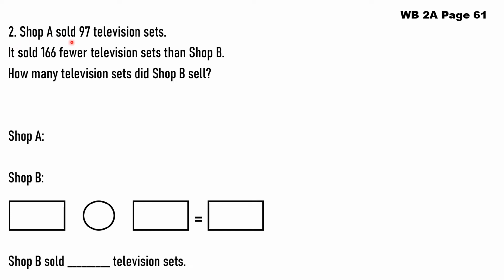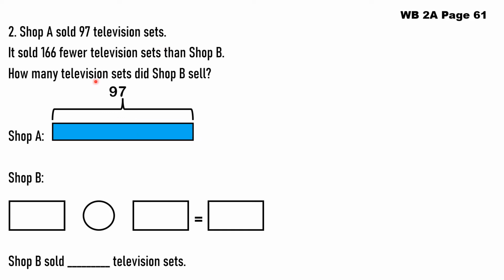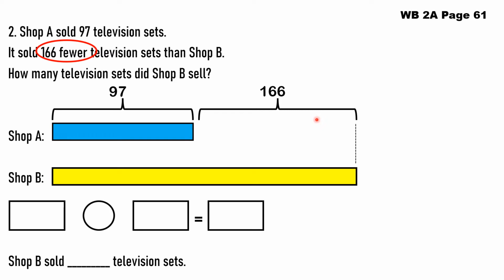So shop A sold 97 television sets, and shop A sold 166 fewer television sets than shop B. So this will be your shop B. And since it says shop A sold 166 fewer sets, that will be right next to 97 here. So how many does shop B sell?